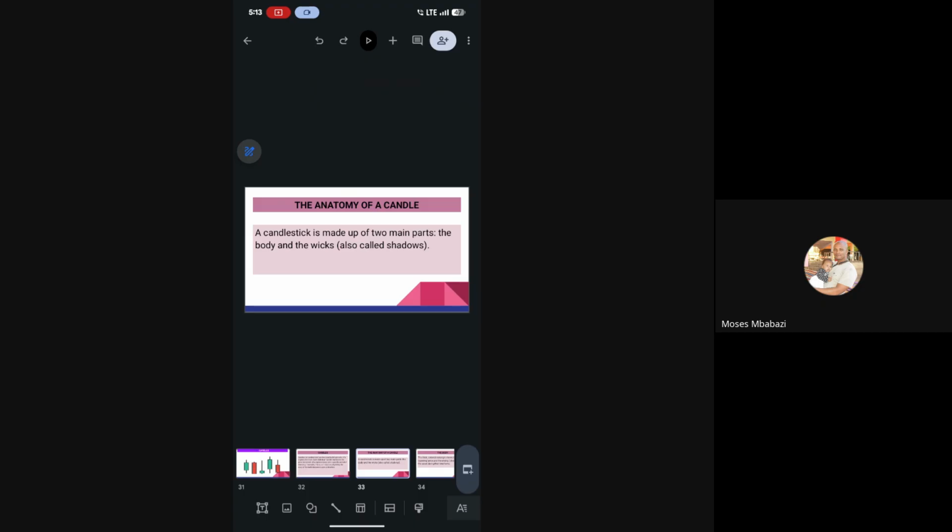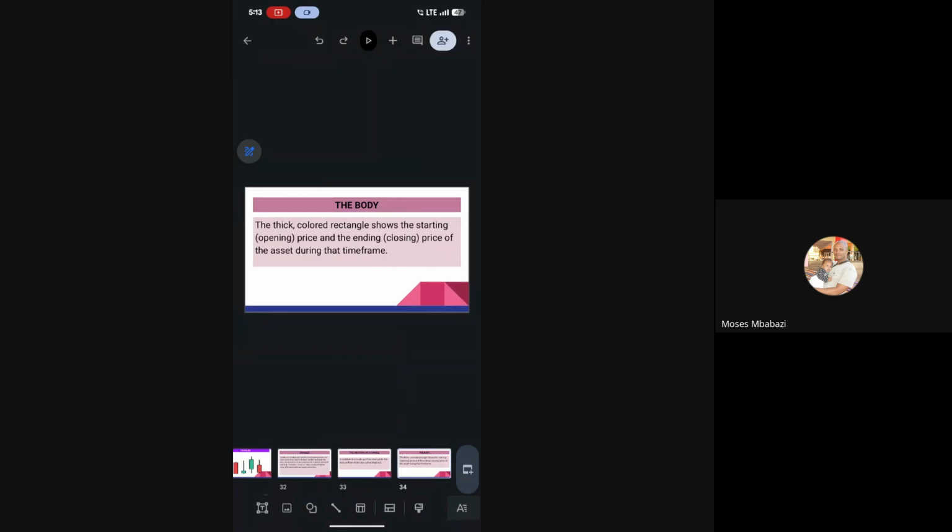I tell you, the wicks are very important. The body is also very important, because with the understanding of the wicks and the body, you'll be able to tell what's going on in a particular candle, not to even talk about the macro market space, I mean the micro. The wicks are also called shadows. All right, the next slide.